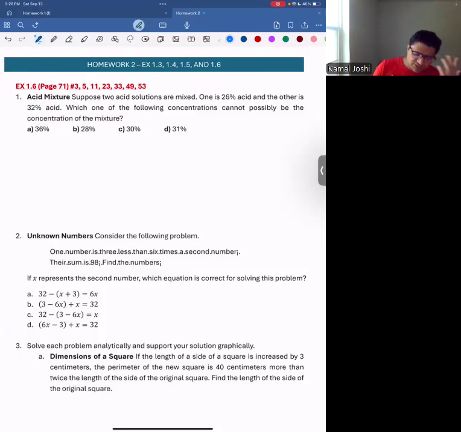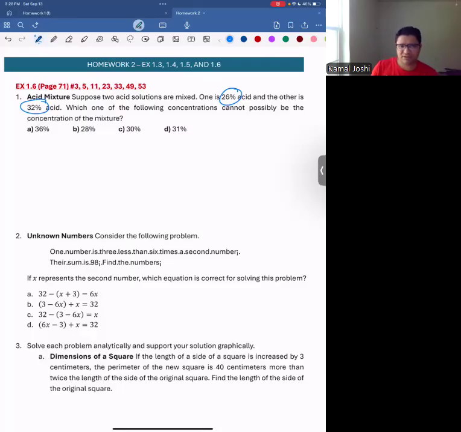Oh, okay. This question doesn't require big solving. Logic is very simple. If you mix 26% and 32%, you should get something in between, right? One is stronger than the other. 32% is the stronger solution. 26% is the more dilute solution. But when you mix, it will become a new percentage, which is in between, right?